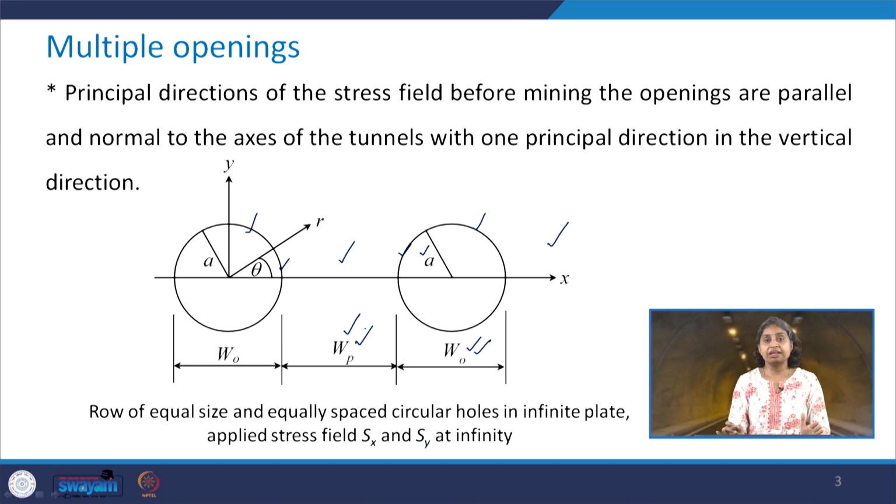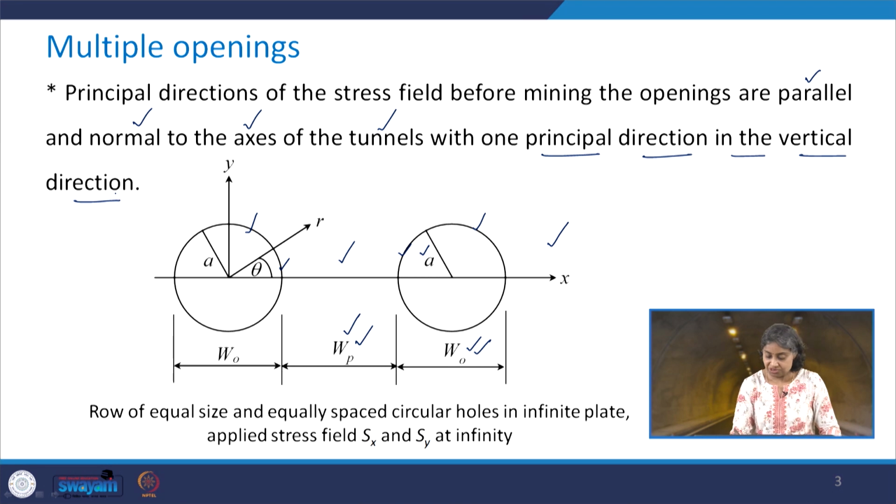Another thing you need to keep in mind is that the principal directions of the stress field before excavating the opening are parallel and normal to the axes of the tunnels, with one principal direction being in the vertical direction. So you see that we have the x-axis as the horizontal one and the y-axis as the vertical axis.